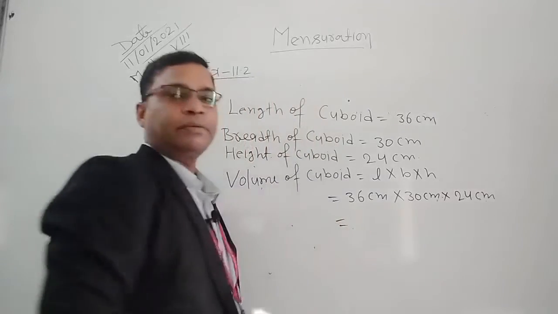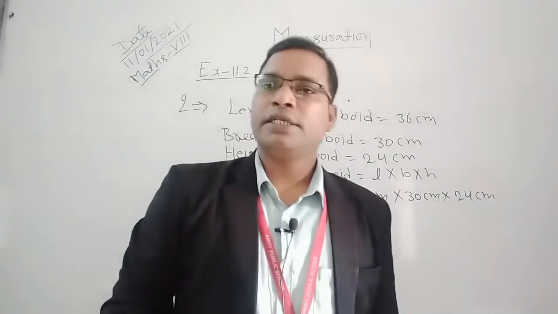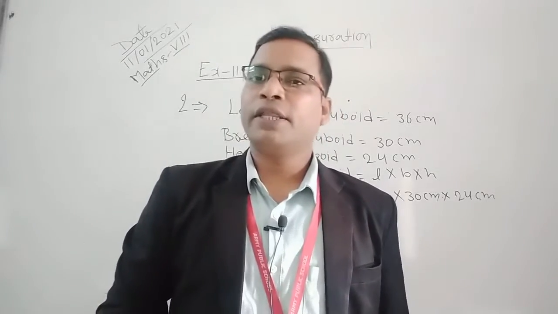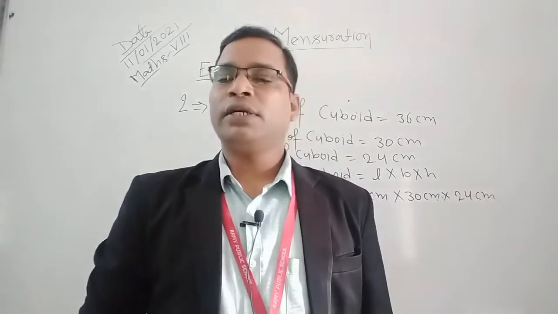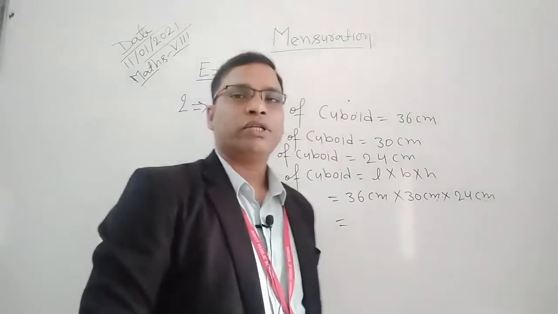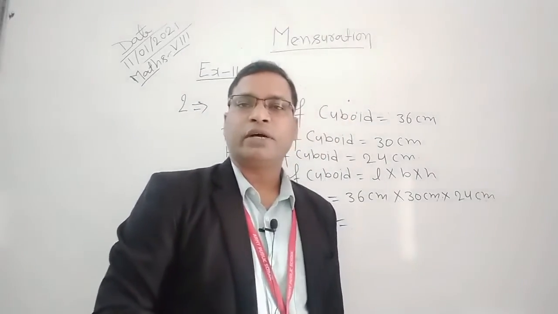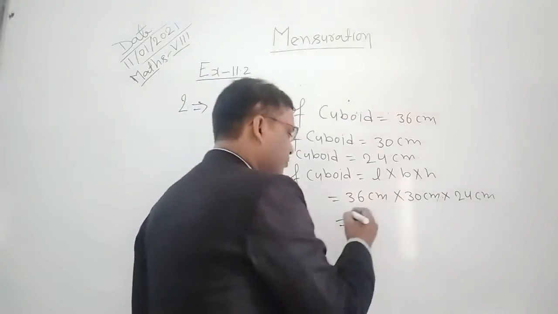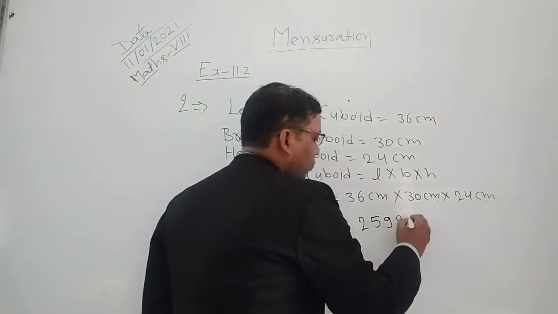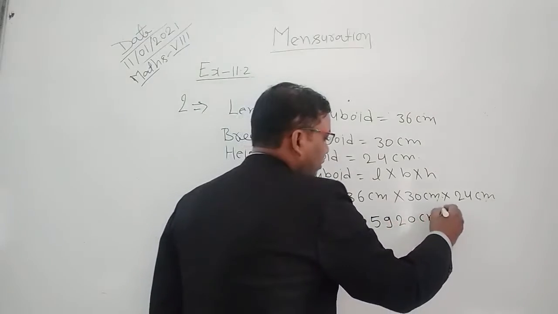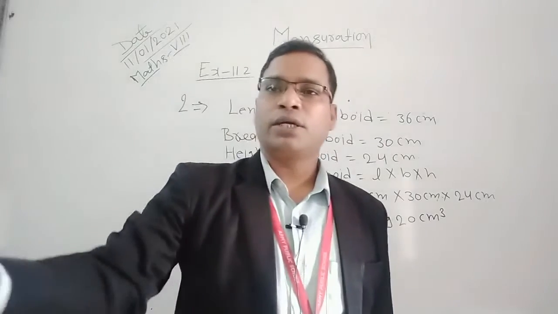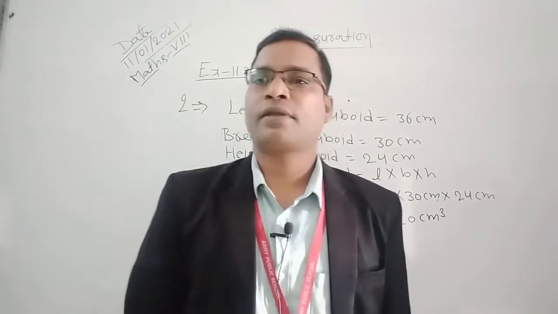If you multiply them, 36 into 30 into 24, then you get 25,920 centimeter cube. What is the answer? 25,920 centimeter cube. This is the volume of the cuboid. This is clear?